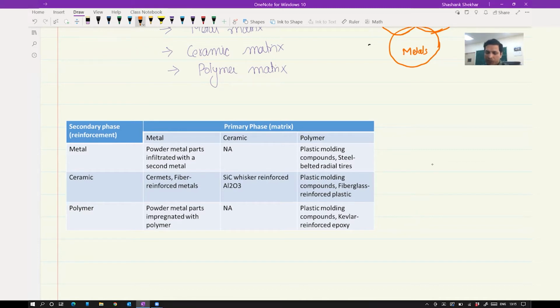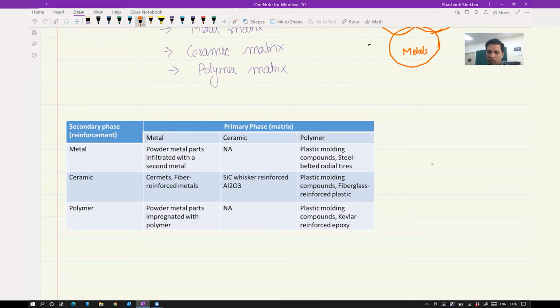As you can see, combinations with ceramic matrix are very rare because, as I said, ceramic in itself is brittle. So having it as a matrix would cause the brittleness to remain in the material, and therefore it will have a tendency to fail.